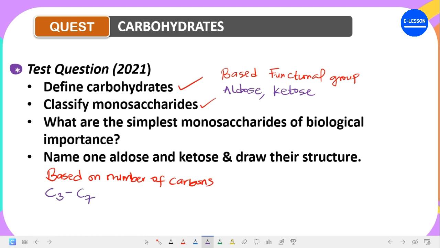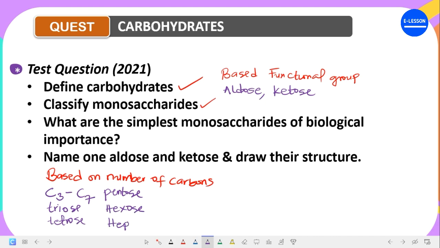Now in the exam, this is where I want to actually stress. In the exam, don't go and write carbon 3 to carbon 7. Write the names. I gave you the names. Based on the number of carbons, they are classified as trioses, which is carbon 3. Then what other one did we have? Tetrose. Are you getting it now? Pentose, hexose, and then the last one is what?